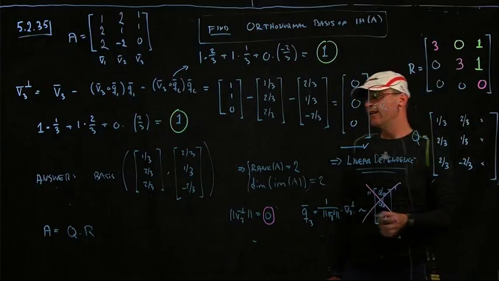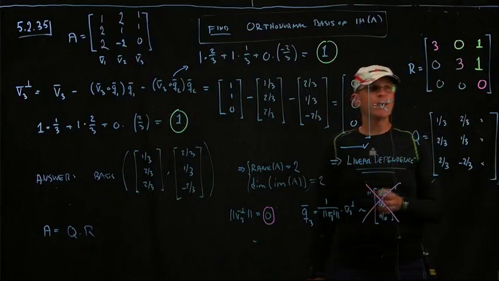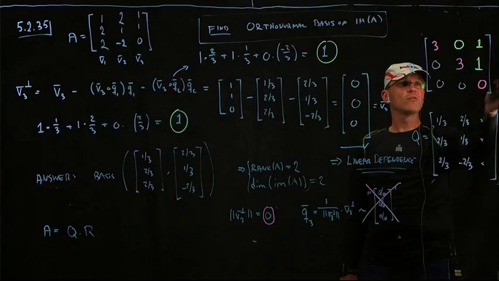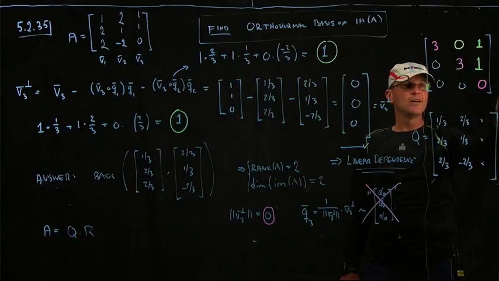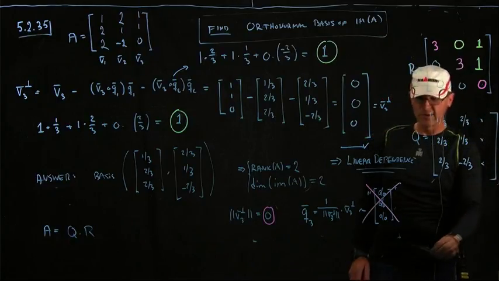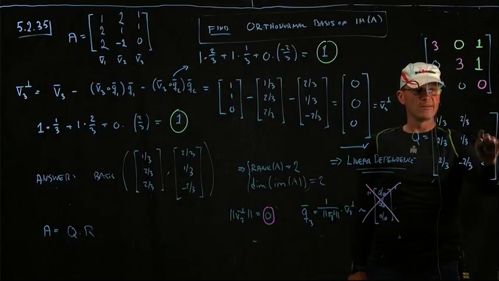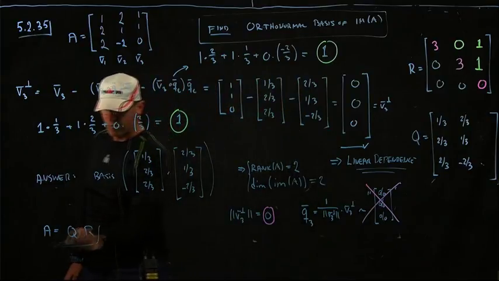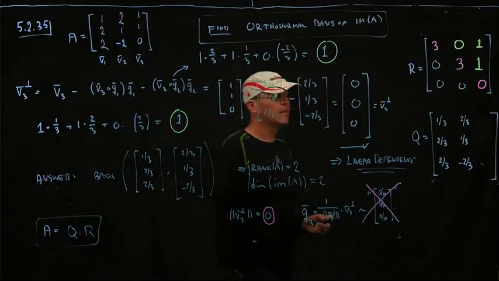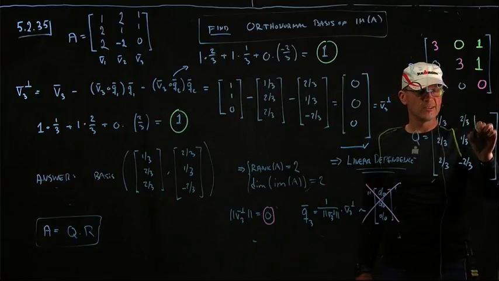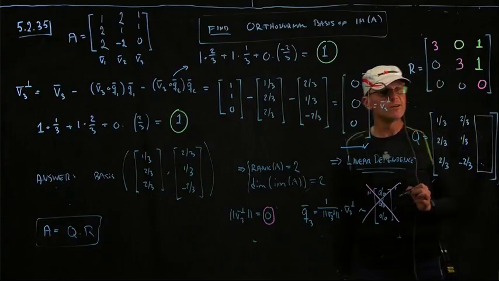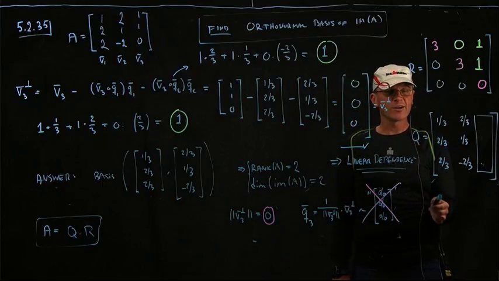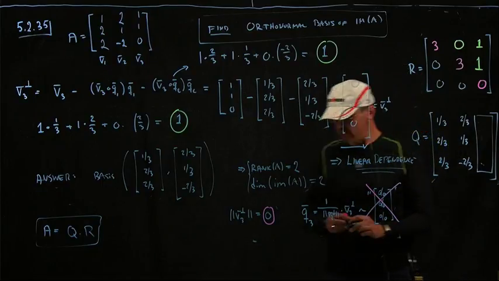In particular, the third column of A, we're building from the first column of Q, second column of Q, and 0 times the third column of Q. So we can put anything in here, and it will still reconstruct A. So we can complete this QR factorization if we want to, and find a Q3 vector which is orthogonal to Q1 and Q2.